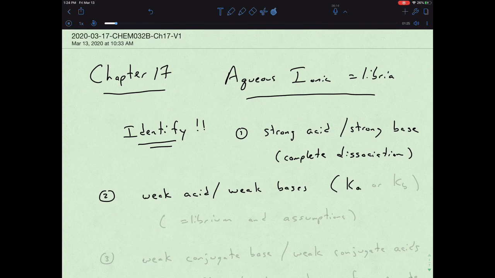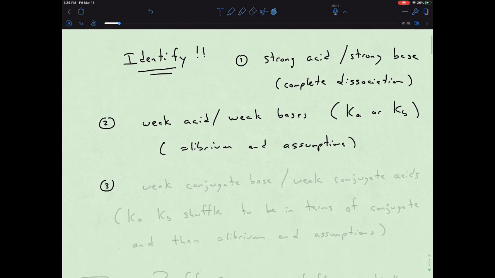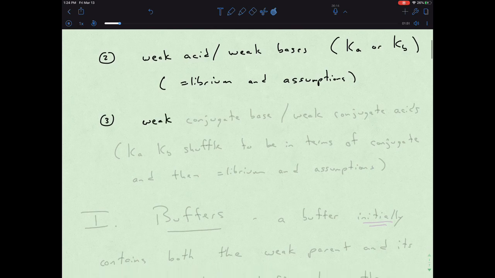Remember, a distinction was this idea of a Ka or a Kb. So here's where we have an equilibrium, and we tended to follow the assumption method. And then at the end of chapter 16, we got into the weak side of the conjugate side of the coin, as far as weak conjugate bases and weak conjugate acids.